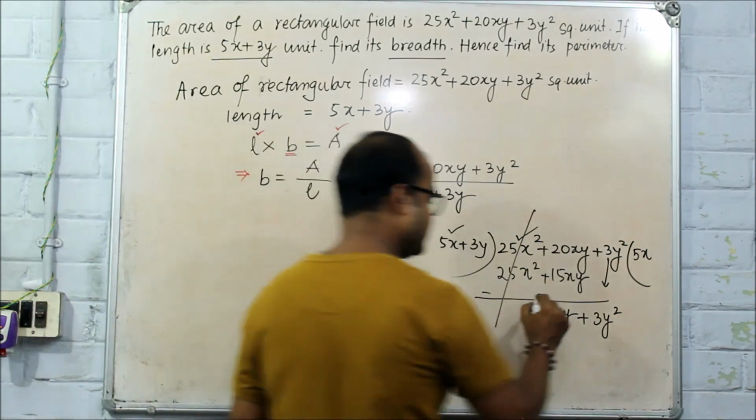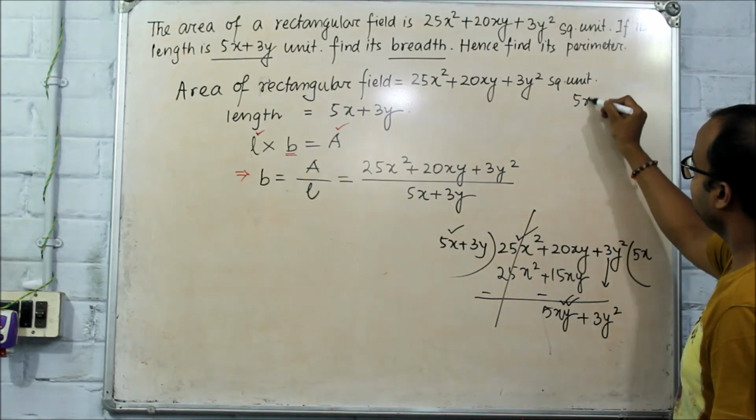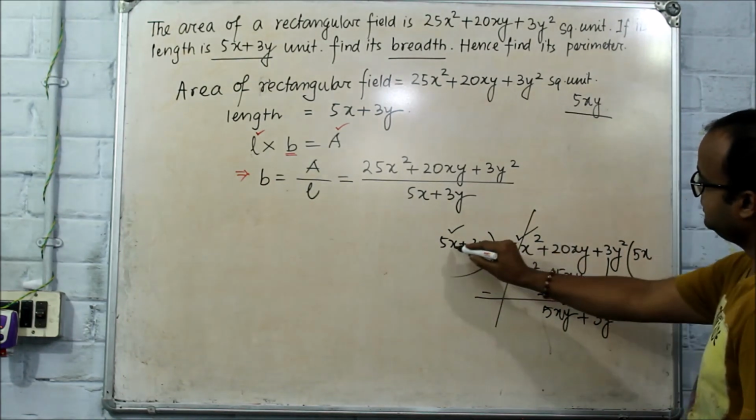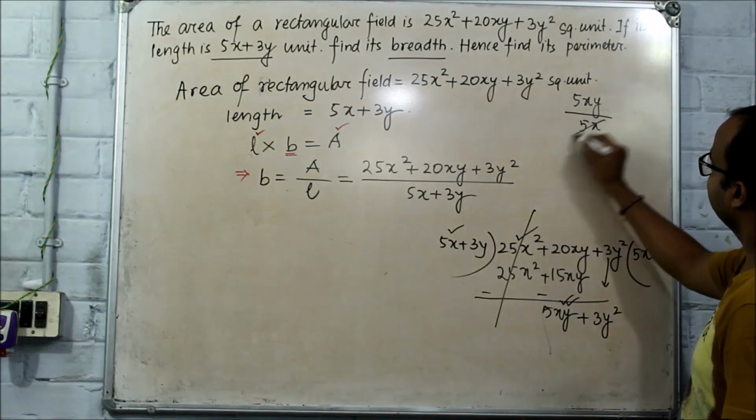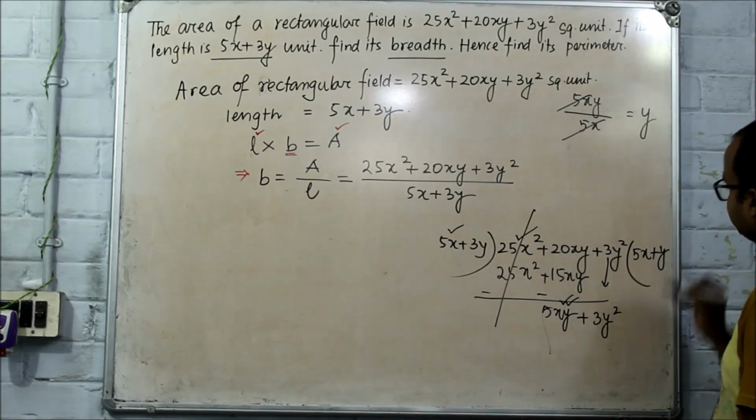At this stage the leading term is 5xy by 5x. 5x cancel, so it is y, so we write plus y.